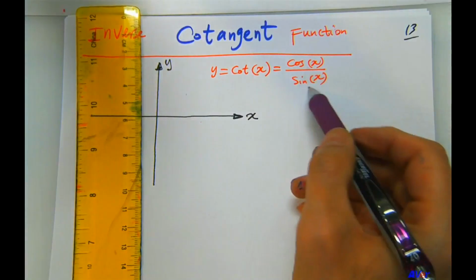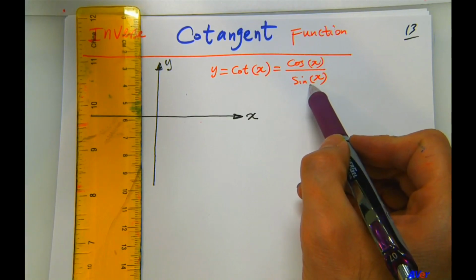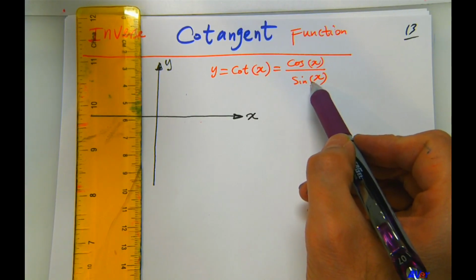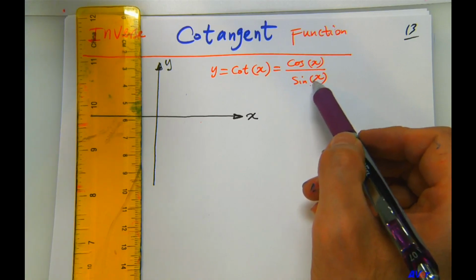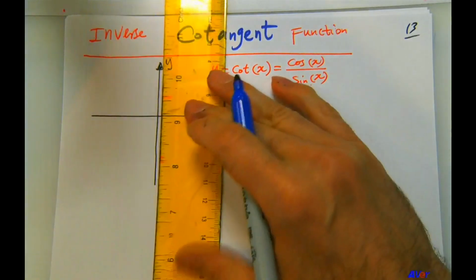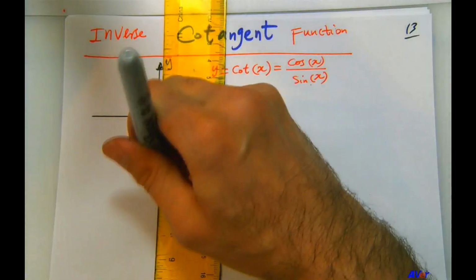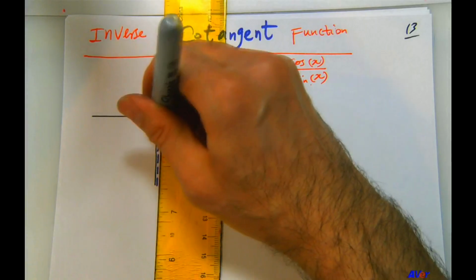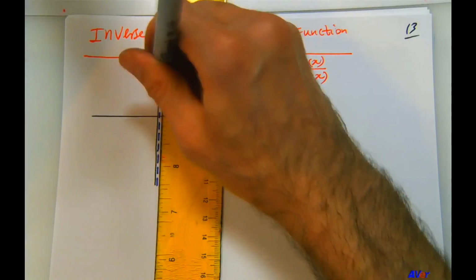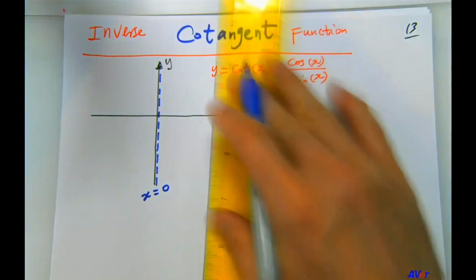This is important. Why? Because wherever the sine of x is equal to 0, which would be at x equals 0, x equals pi, and so on, we're going to have a vertical asymptote. So at x equals 0, we have this one.